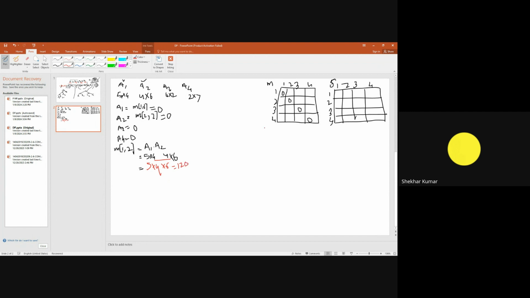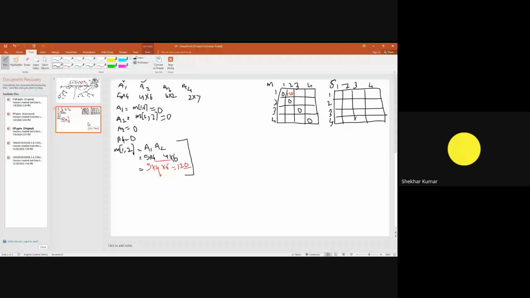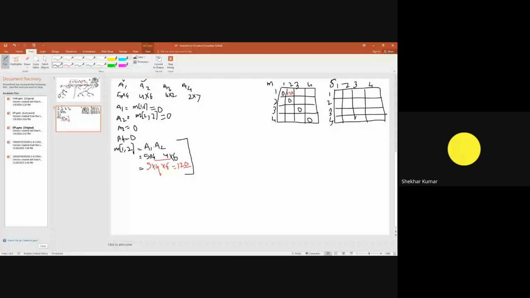We will write it in the M1,2 location here. Here should be your 120. We have already calculated this in the previous example, how we find this value 120.